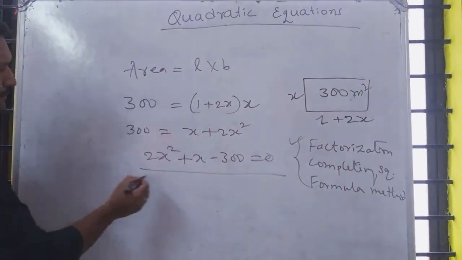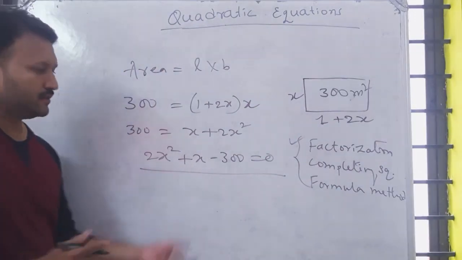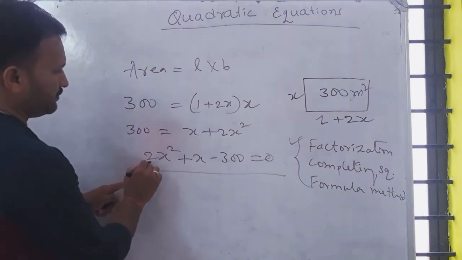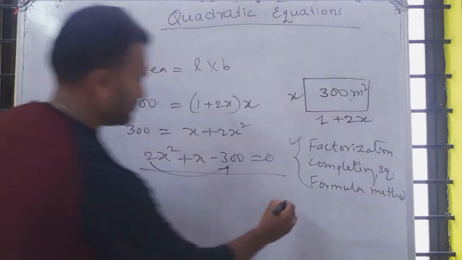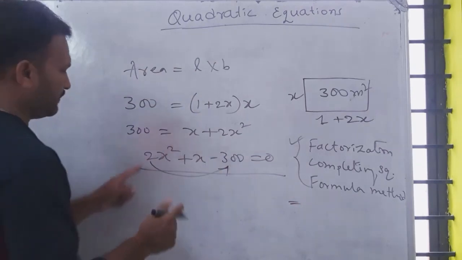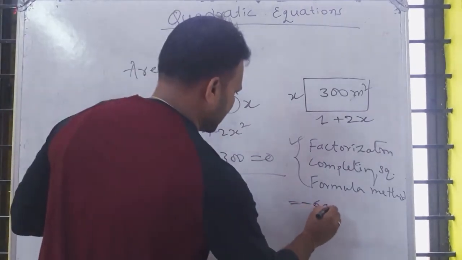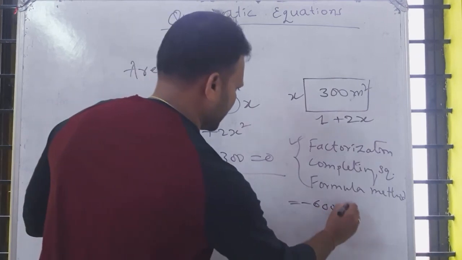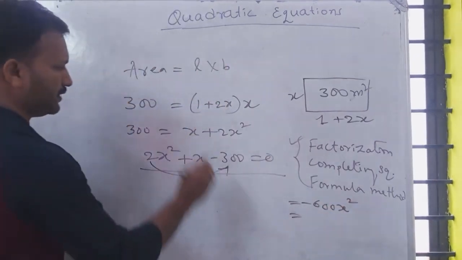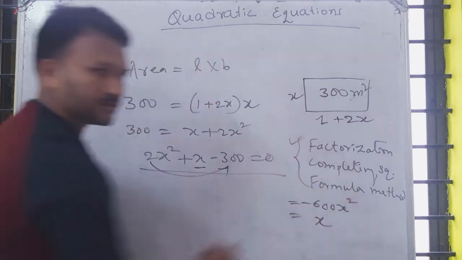How can it be factorized? We just have to multiply the first term with the last term. So what do we get here? 2x square into minus 300 is minus 600 x square, and the middle term we should take as it is.